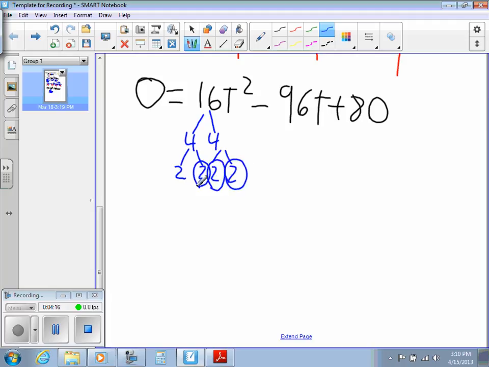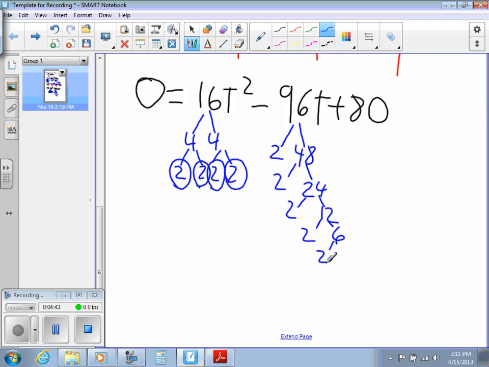Let's circle the primes. 96 is definitely divisible by 2, and then that gives me 48, 2 and 24, 2 and 12, 2 and 6, and 2 and 3.